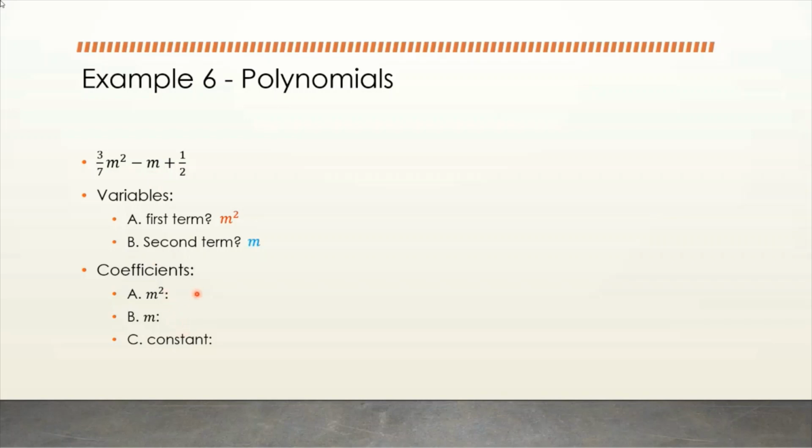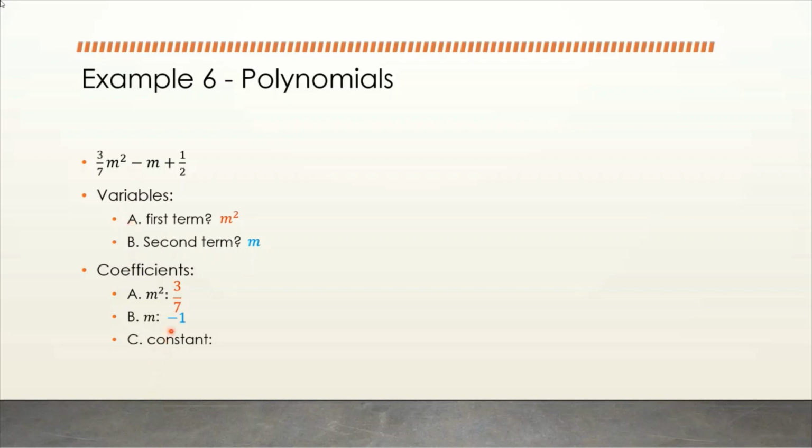Now the coefficients refer to the number in front of the variable. So for m squared, the coefficient there would be 3/7. The coefficient for m, now if there isn't one, you assume that it's 1. And here, take the sign as well, so that would be a negative 1.